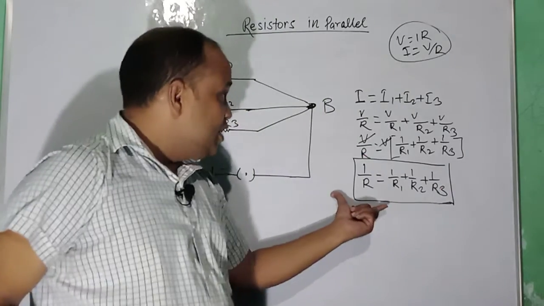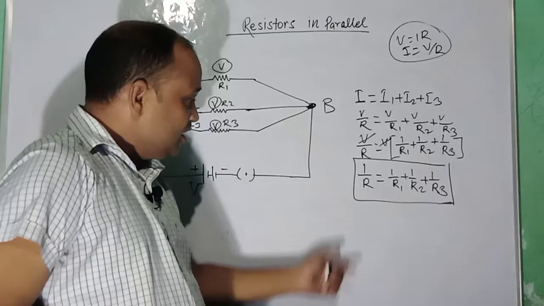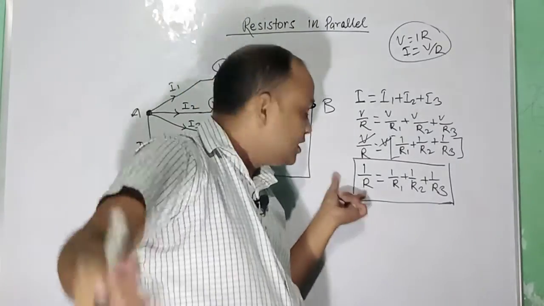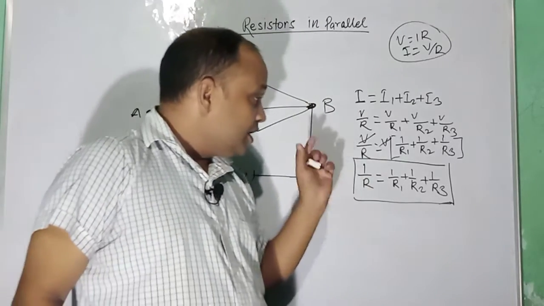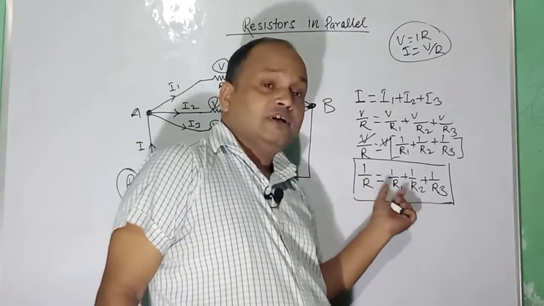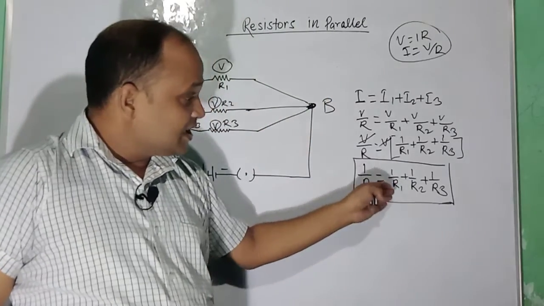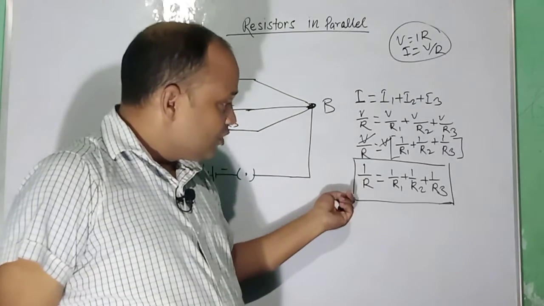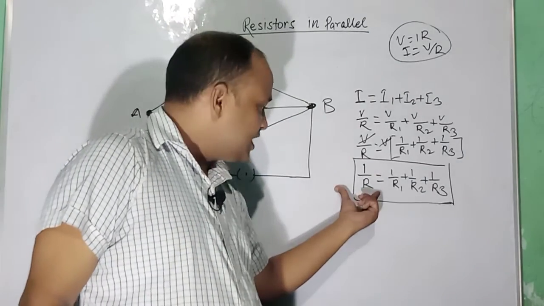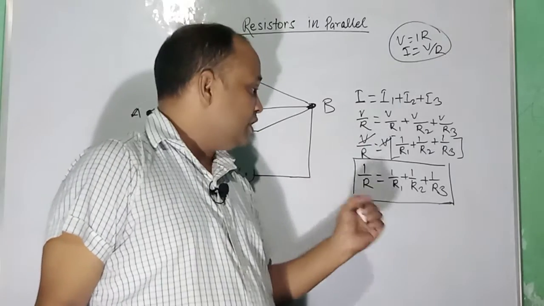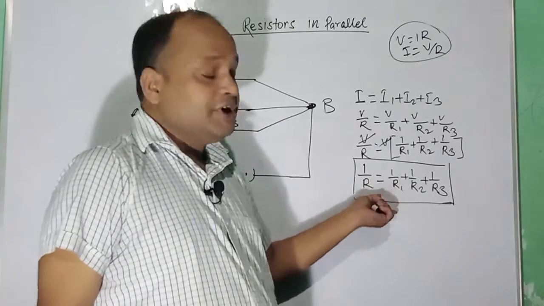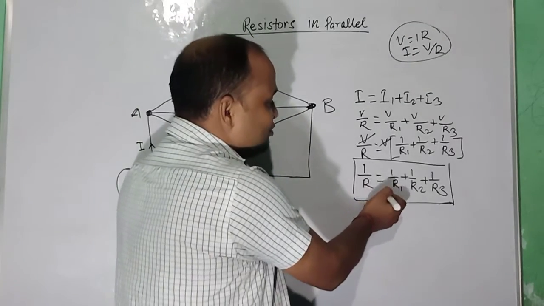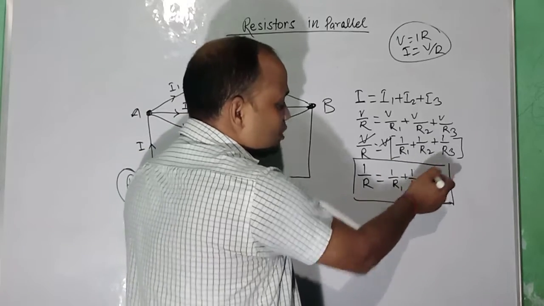So in a parallel combination of resistors, the reciprocal of the equivalent resistance or total resistance of the circuit is equal to the sum of the reciprocals of the individual resistances, that is 1 by R is equal to 1 by R1 plus 1 by R2 plus 1 by R3.